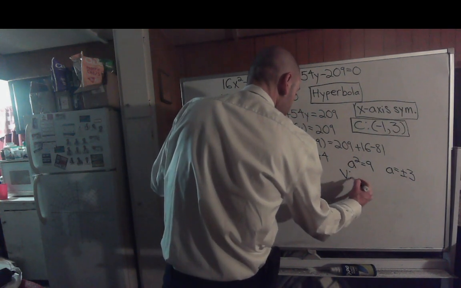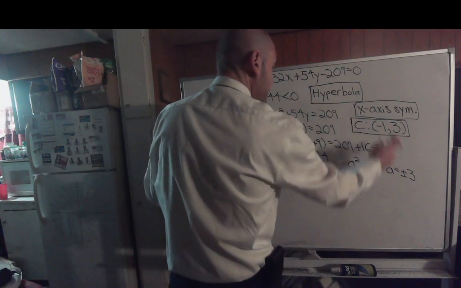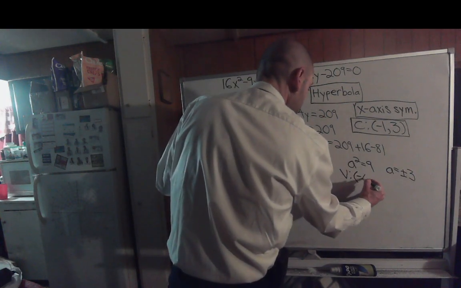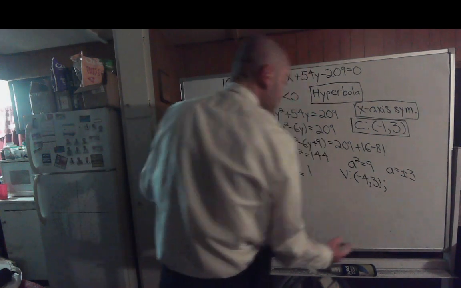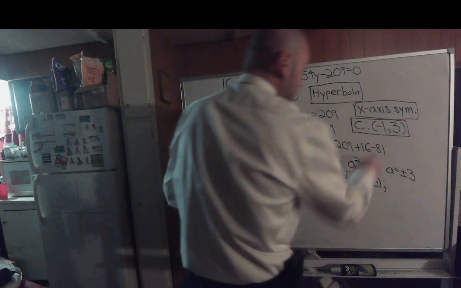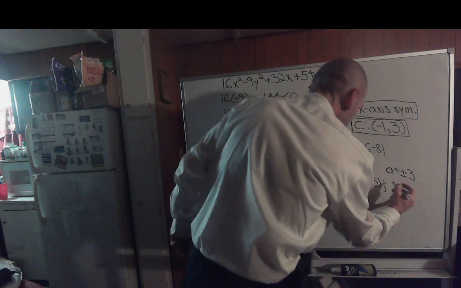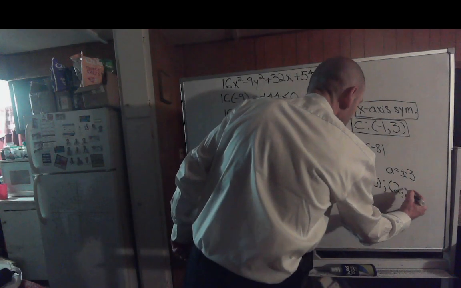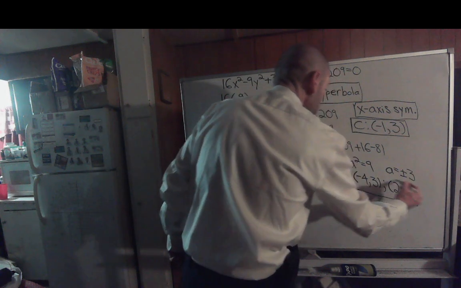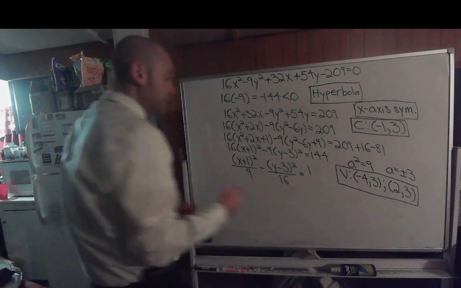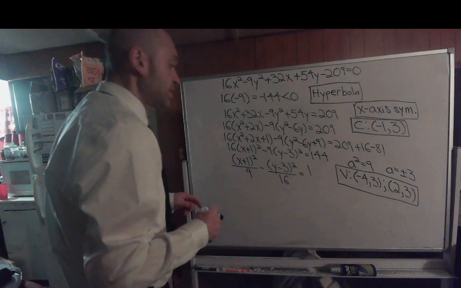So for our vertices, if I take negative 1 minus 3, I'd have negative 4. Then I leave my y-coordinate of 3 alone. And if I take negative 1 plus 3, I would have positive 2, and then my y-coordinate of 3. So my vertices are at negative 4, 3, and 2, 3.